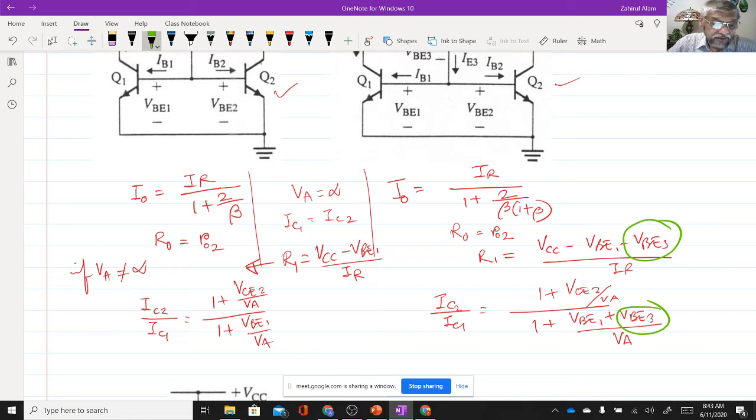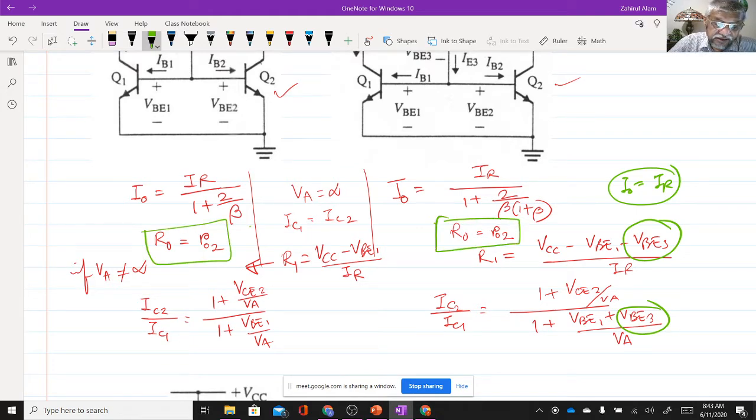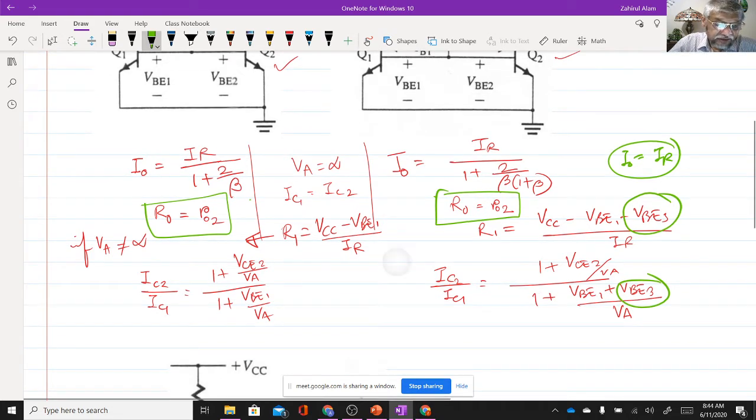Now last time I mentioned that if we use 3 transistors, then this I naught is very close to IR, so very close to an ideal mirror. But the output resistance for both transistors is equal to R02, so this output resistance is not that high.